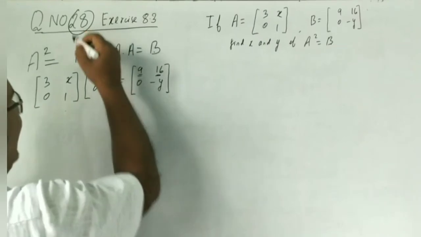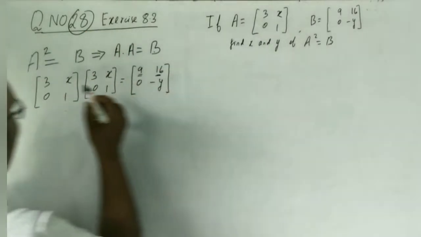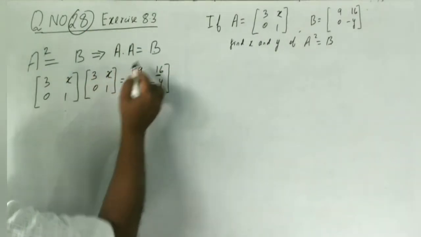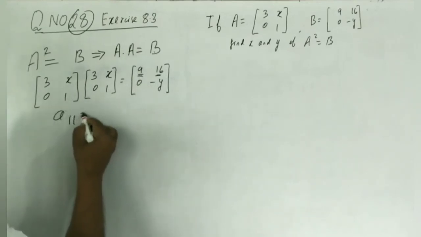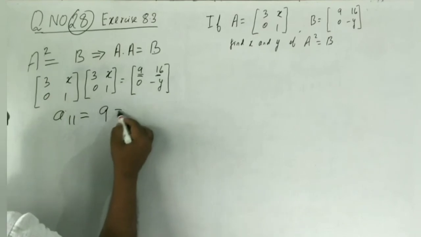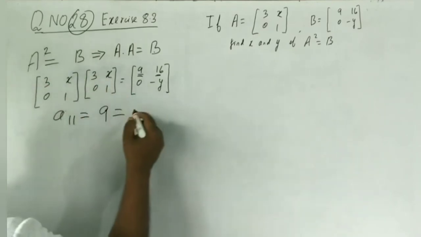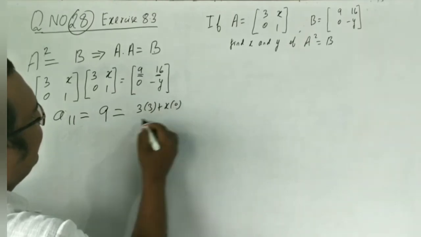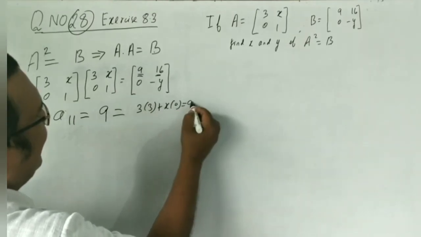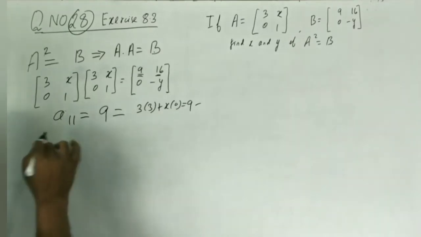So this is question number 28, and A squared is B. A squared is A dot A. So this is first row, first column. This is 9. First row, first column: 3 into 3 plus x into 0. So this is equal to 9. So the question is correct.